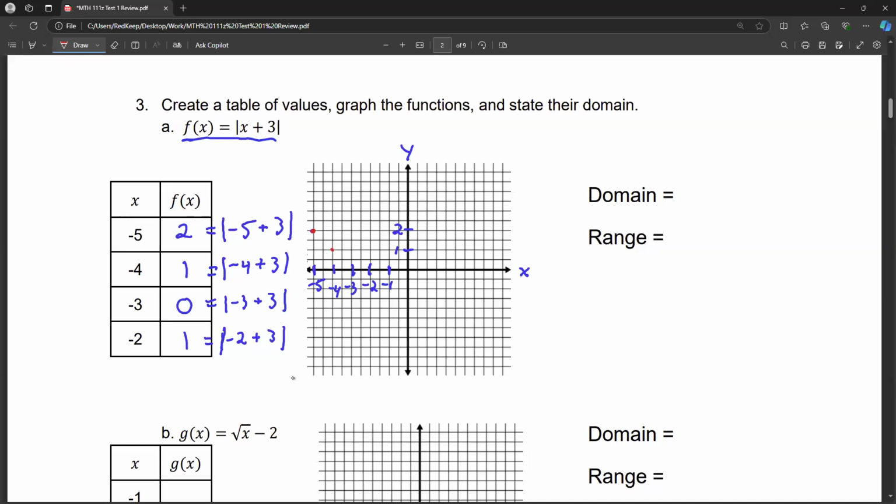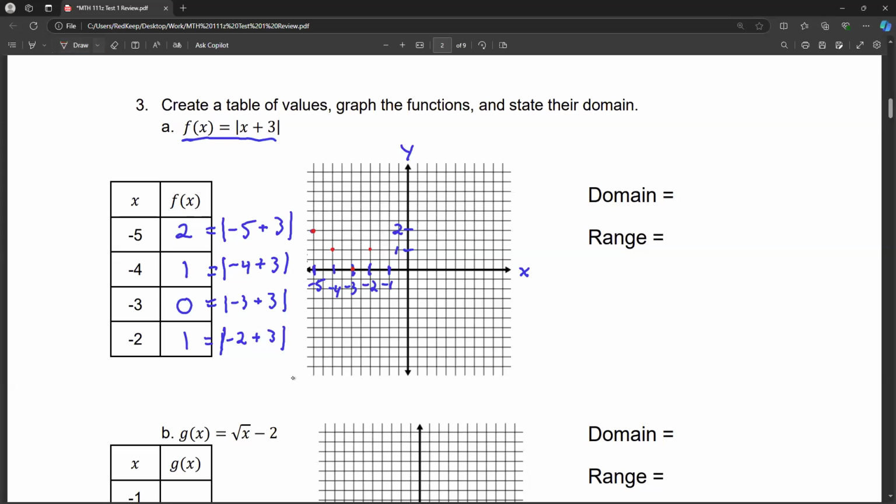So that would be -4, comma 1 right there. The next point is -3, comma 0, which lives here on the x-axis at -3. Moving on to our last point, we have -2, comma 1. When I plug in -2, the output is +1.